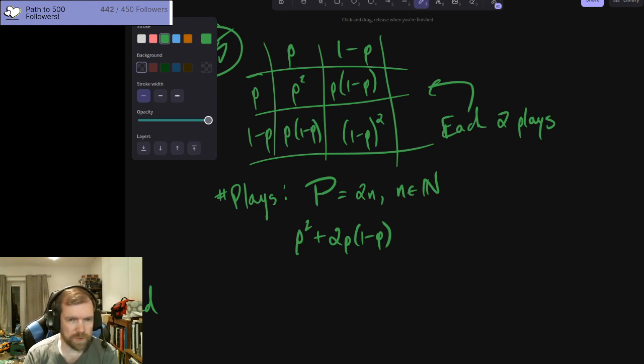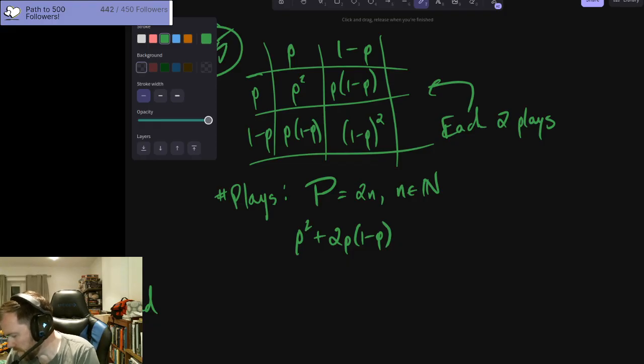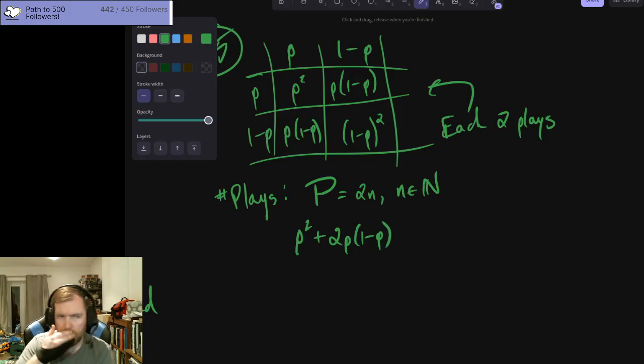All we need to really do is just keep drawing over and over again in every round. You get to choose the number of plays, so you decide ahead of time how many plays we're going to do, and then you have to maximize your own win despite the fact that your likelihood to win is less than 50%.